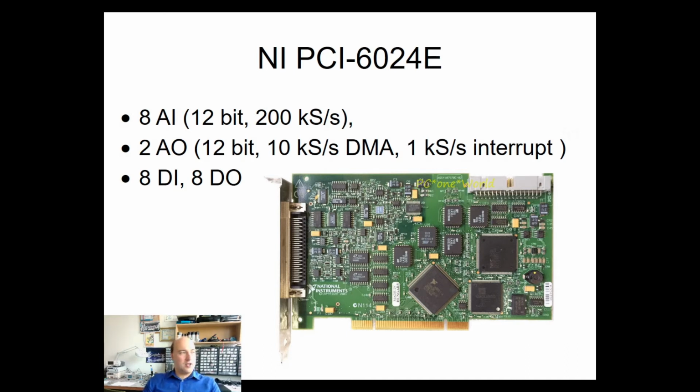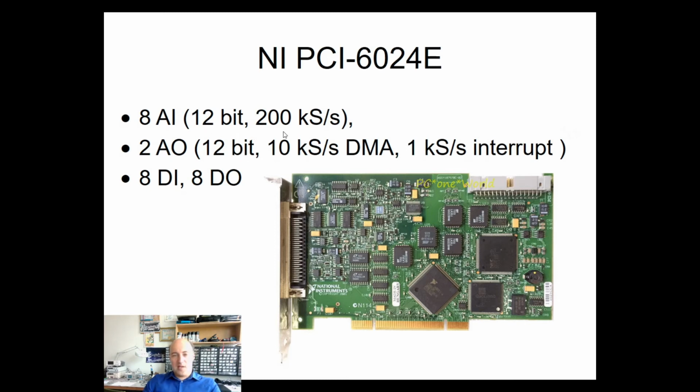So if you know that your signal is from 0 to 5 volts, then you should adjust the input range to use the whole resolution of the AD converter. Now, of course, sometimes it's not possible. Sometimes it may not be possible to change the range because the device does not allow it. Other devices may be different. They may have a fixed configuration, and then you need to go with the devices that you have available.